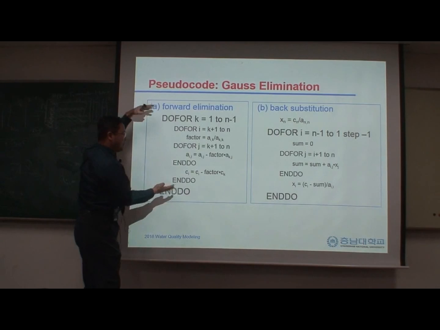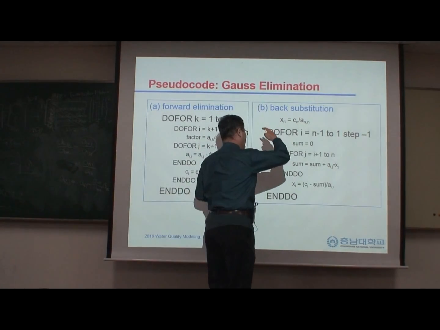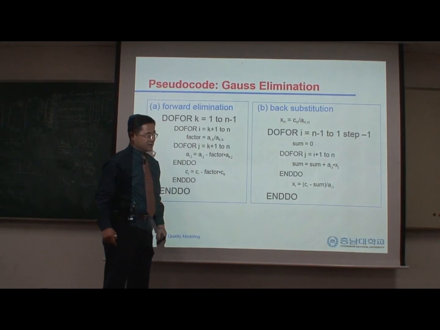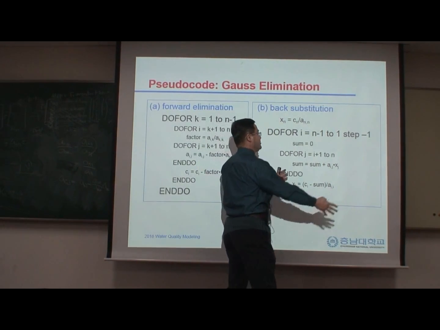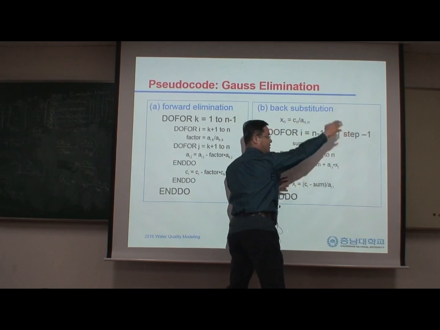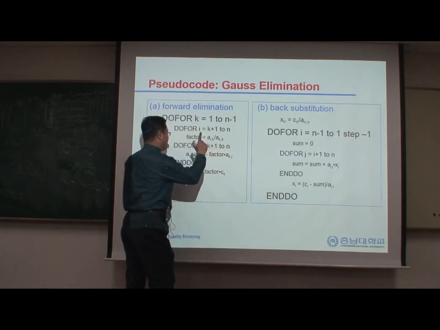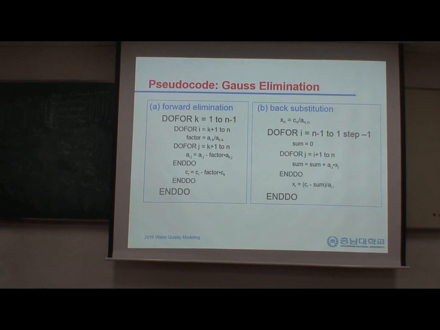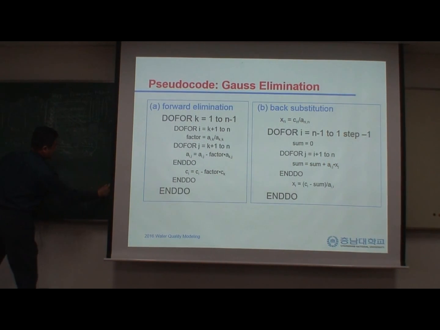Anyway, so we have it, and once we have the upper triangular matrix, the next step is just a matter of back substituting. Okay? And back substitution is very, very interesting as well. And you have, let's say, A11, A1n, Ann, eventually, like this. Right?